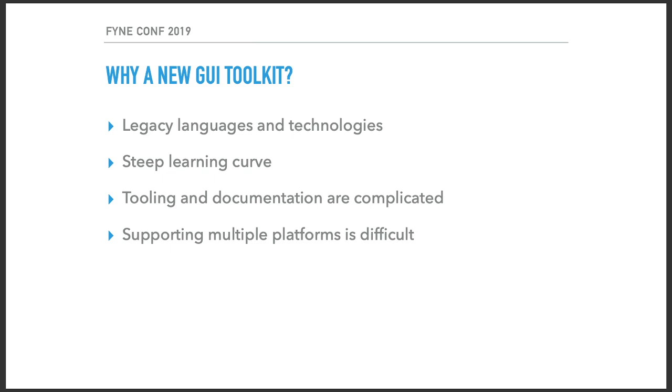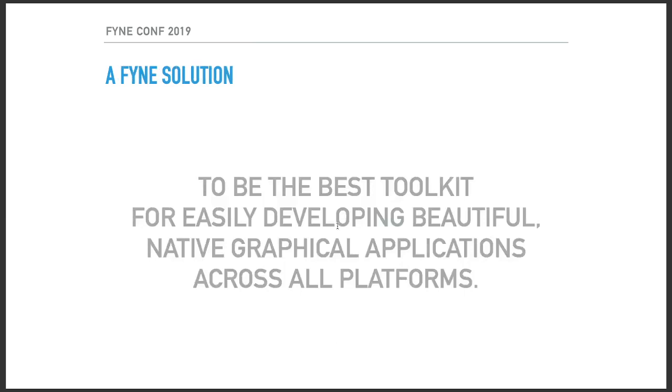And if we got it right, maybe we would even see more open source graphical applications out there, either looking really great or just being much easier to get involved with and to improve over time. And so we thought it was time for a new solution, a Fyne solution, if you will.